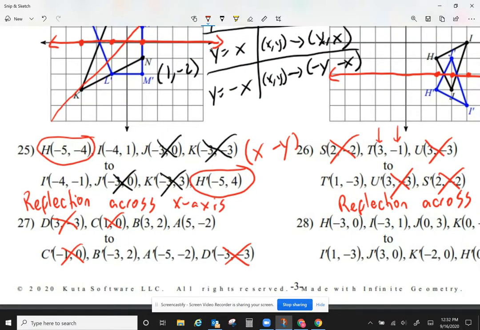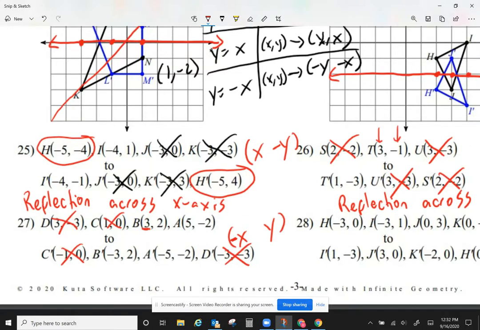Except ignore the signs. Ask yourself first, did the numbers switch orders? I see a 3 and then a 2. On B prime, I see the same order. So I'm going to say X and Y. The numbers did not switch order. Then look at the original x value, the 3, and ask yourself, did the x switch signs? And yep, it did, became negative.